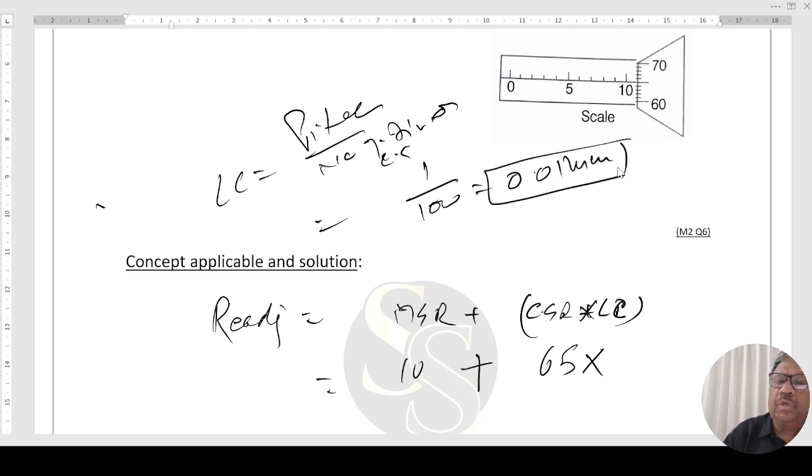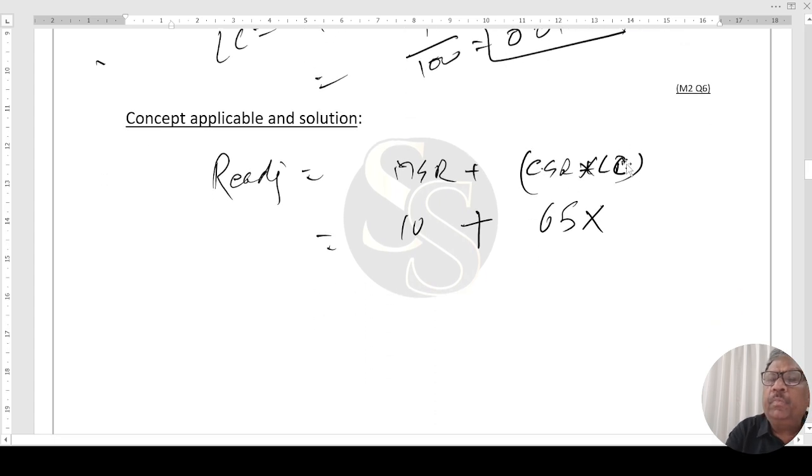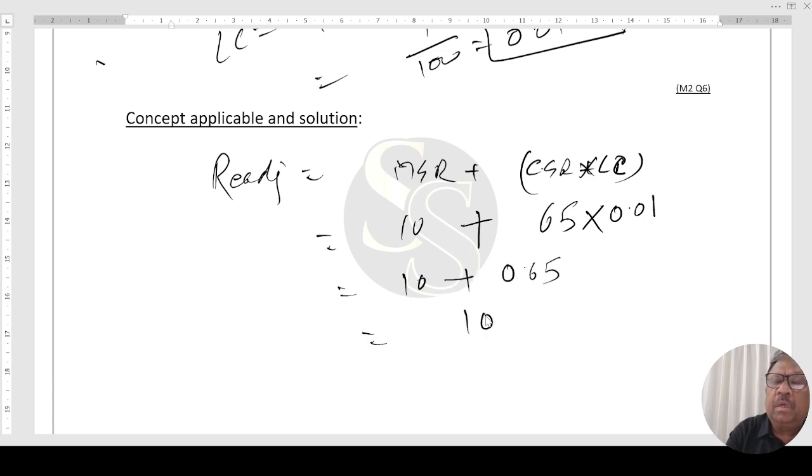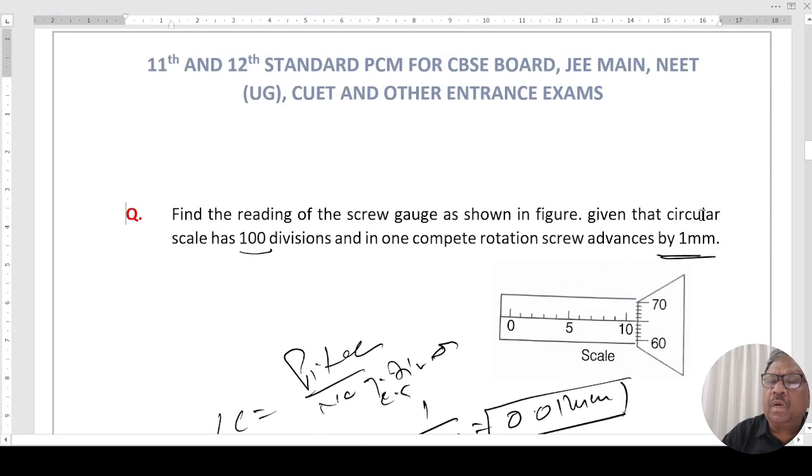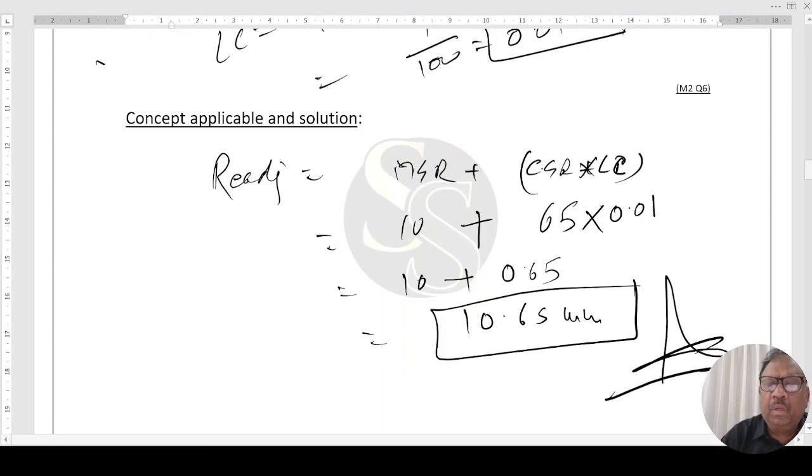Writing the dimension is essential. Into 0.01 mm, that is 10 plus 0.65, that is 10.65 mm is the answer. Because zero error is not mentioned, we will not consider any zero error, right?